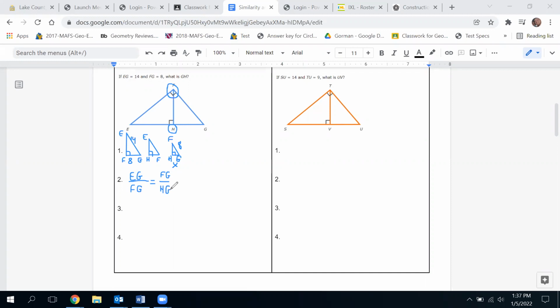So there's step 2, setting up the proportion with the corresponding sides. Hypotenuse over hypotenuse, shortest leg over shortest leg.